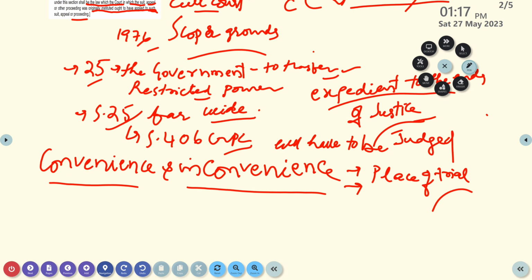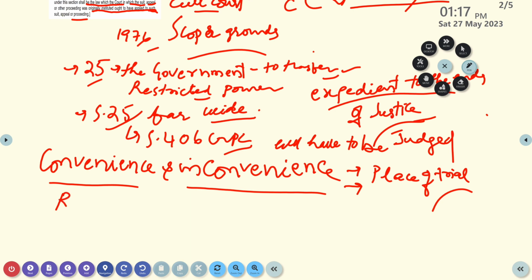The other ground is that if any party has a reasonable apprehension in mind that he might not get justice in the court in which the suit is pending.